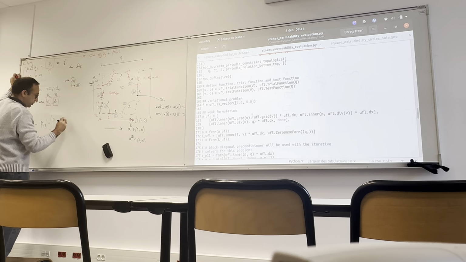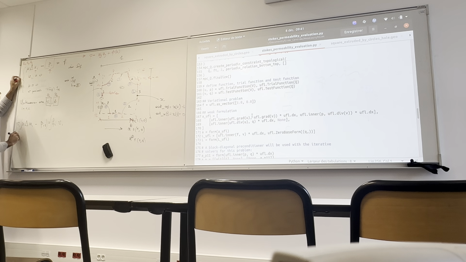So if we manipulate a little bit this first term, we have already seen, v_i Laplacian of u_i, the Laplacian is the divergence of the gradient.